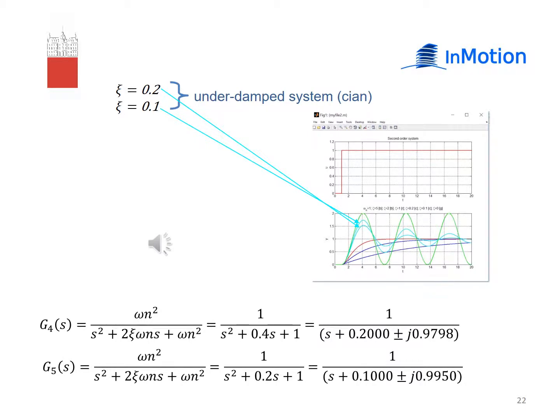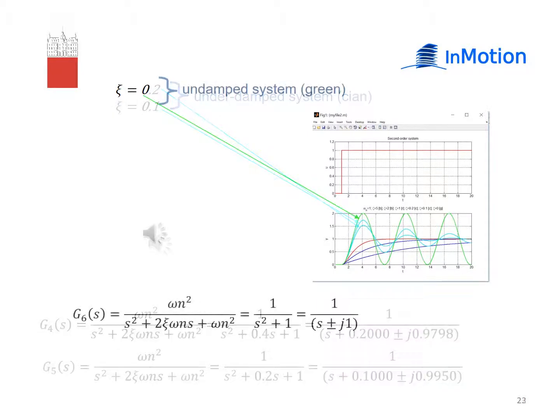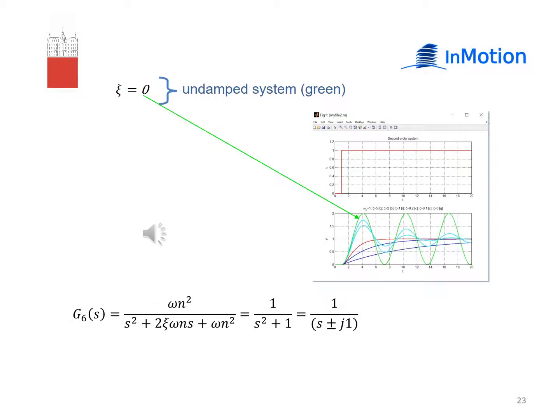If zeta is less than 1 but greater than 0, system poles are complex, and system response has overshoot. Overshoot is greater if zeta is smaller. In the case of an undamped system, the real part of both poles is 0, and oscillations are expected in the system response.